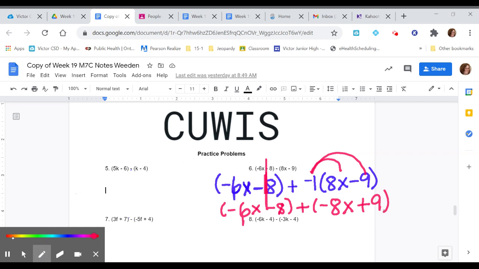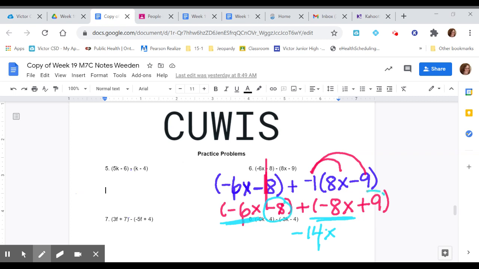Now I'm going to combine my like terms. -6x and -8x gives us -14x. I find it writes better if I go slowly. And then a -8 and a +9 gives us a +1.